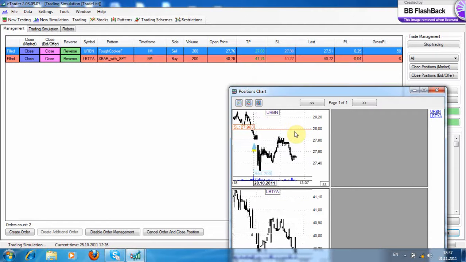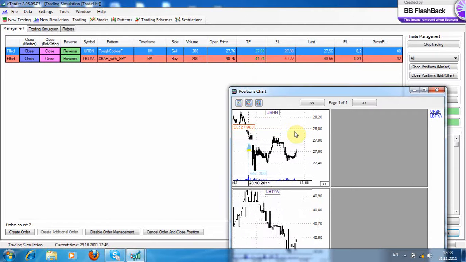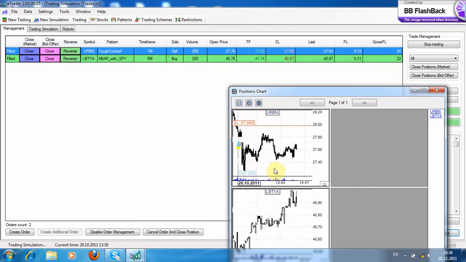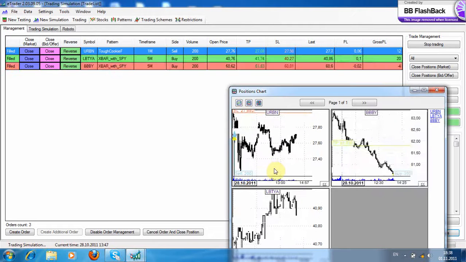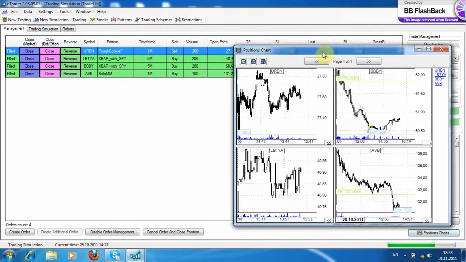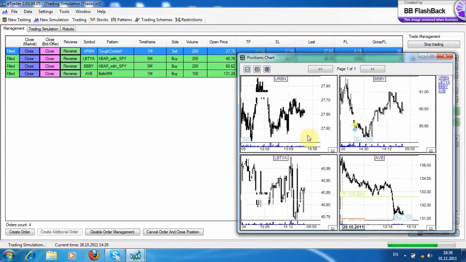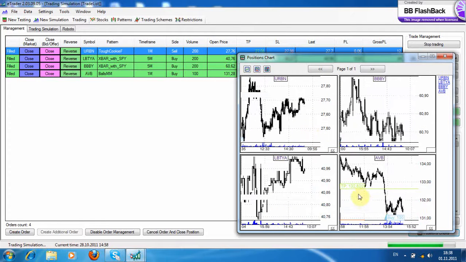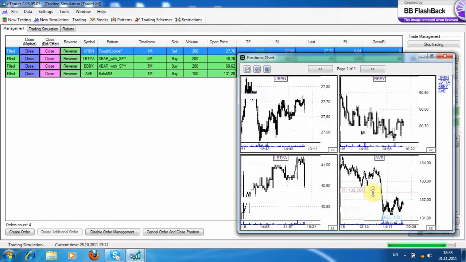It's very convenient for the visual effect, and nobody has it. That's how the simulation works and how real trading works. We can use charts, or we don't have to use them.